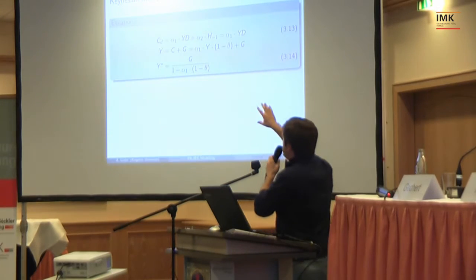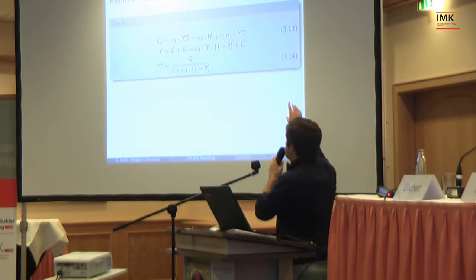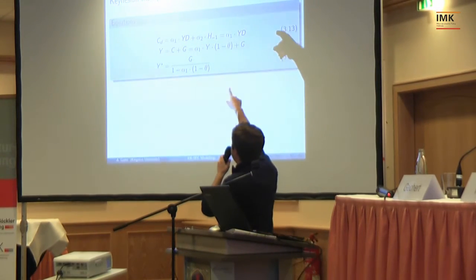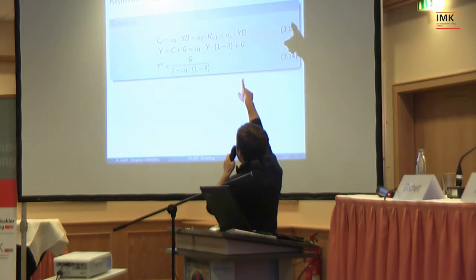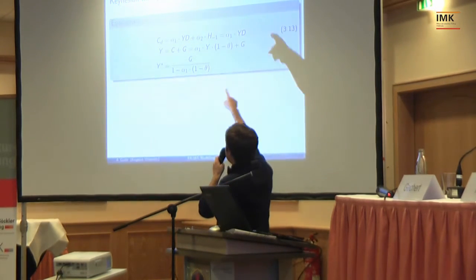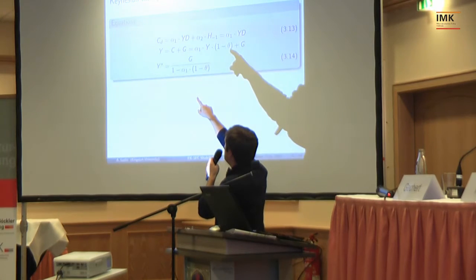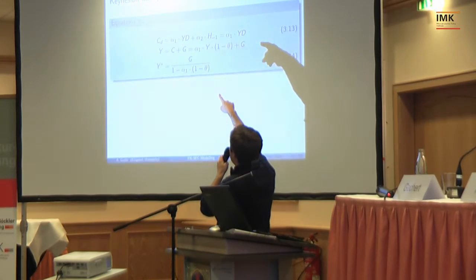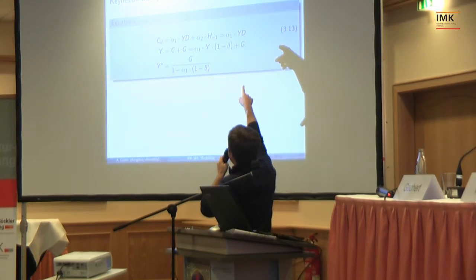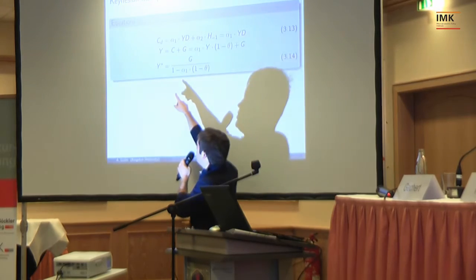If we assume that wealth is equal to 0 at first, so the consumption function simplifies to only a propensity to consume out of income, then you can feed that into GDP, and you have that GDP is equal to alpha 1, the propensity to consume out of income, times GDP times 1 minus theta, plus G. And so you can solve that, and you get the value of GDP.